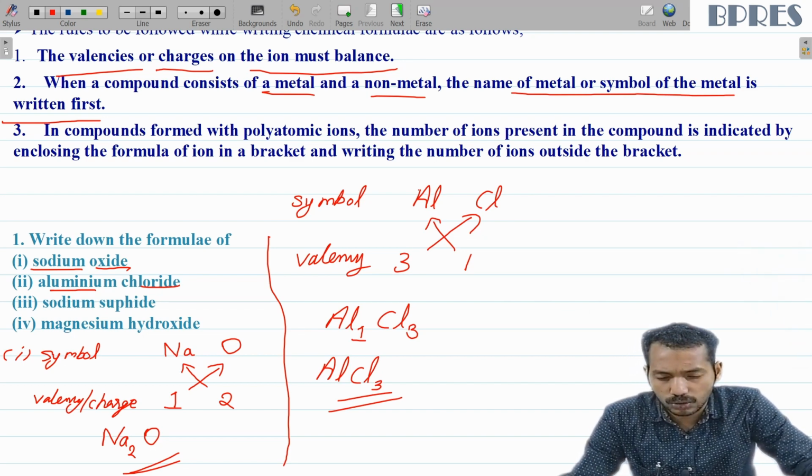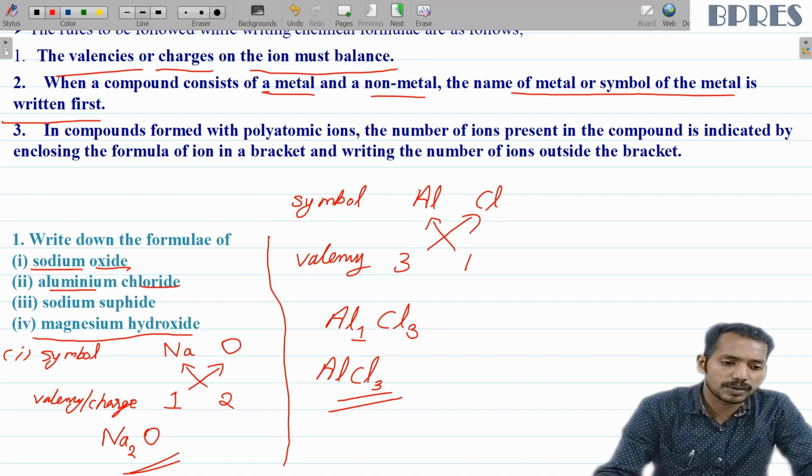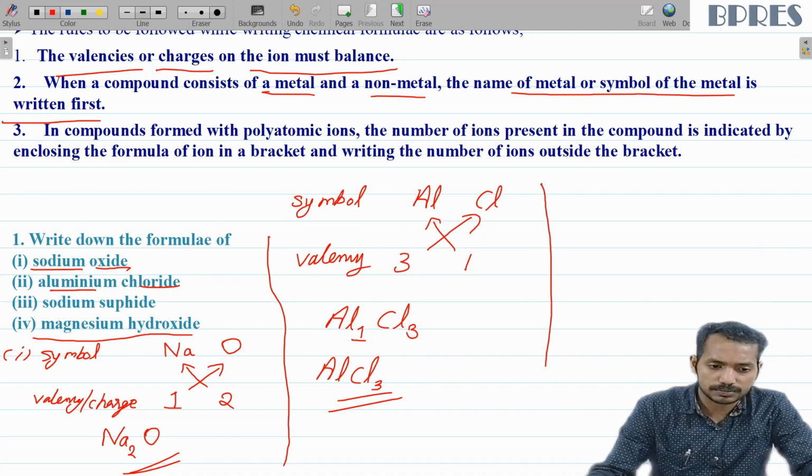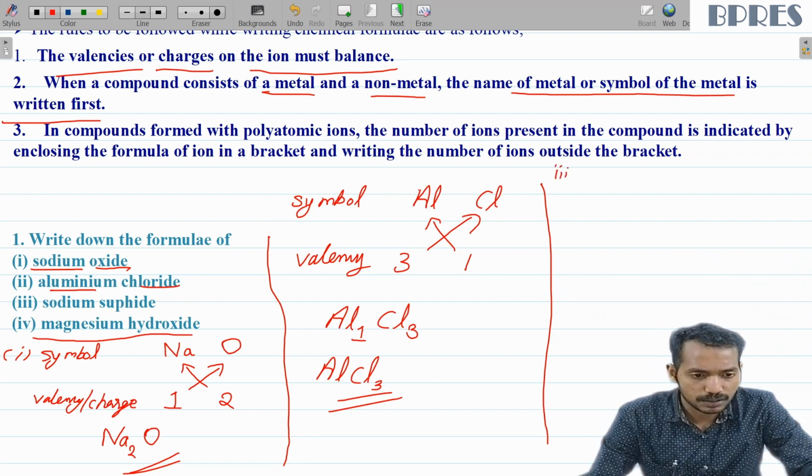Similarly, you can try sodium sulfide. I am taking magnesium hydroxide, the third one. What is the symbol of magnesium?